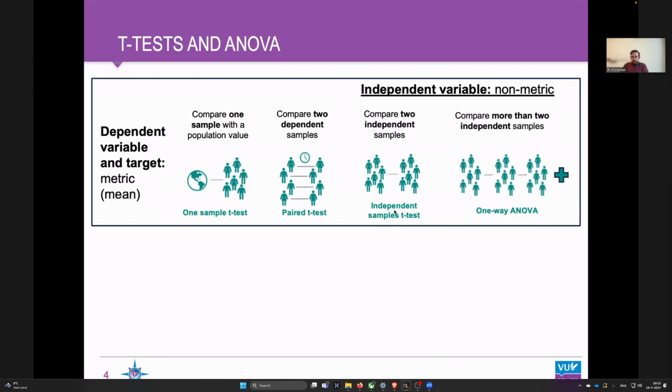That can also be an independent sample. And then you want to compare the means among these groups. If you have two independent groups, then this will be an independent samples t-test or two sample t-test. And if we have more than two independent samples, we will use a one-way ANOVA. I will go over all of them now.